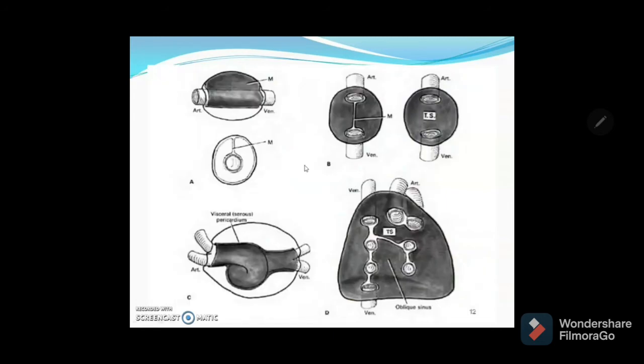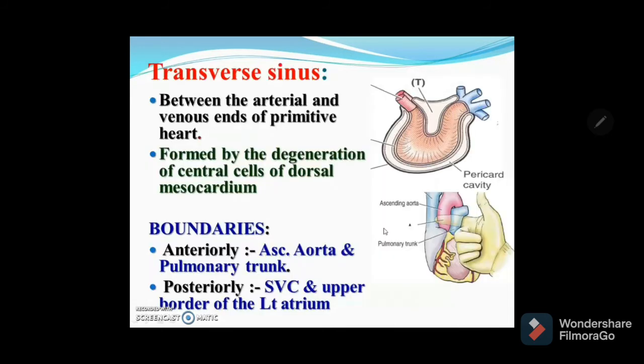So during development, the heart has two ends. One is the arterial end and one is venous end. And during development, it forms a bulboventricular loop where these arterial tubes and venous tubes come together and they are separated by a sinus that is called as transverse sinus. You can see there it lies between the arterial and venous ends of the primitive heart.